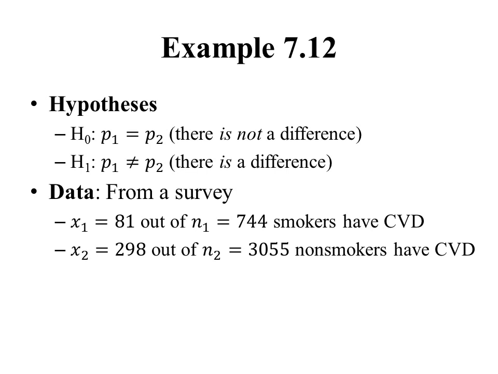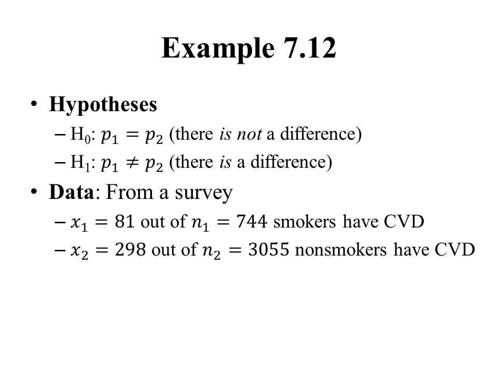Now, in order to determine with 100% certainty if our claim is true or false, we'd have to go out and survey every single smoker and every single non-smoker, count the number who have cardiovascular disease in each population, calculate the exact values of the population proportions, and compare them. Now, that's impossible.